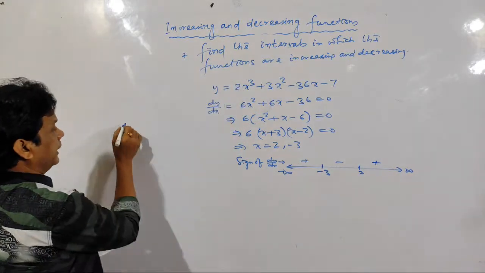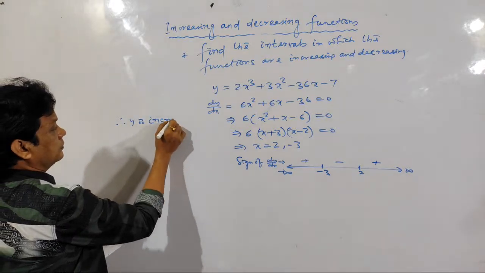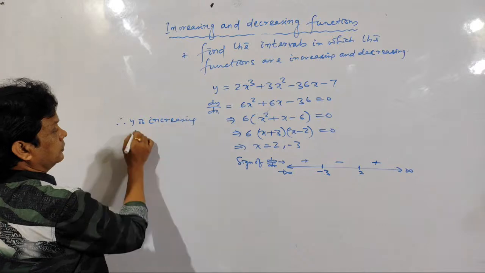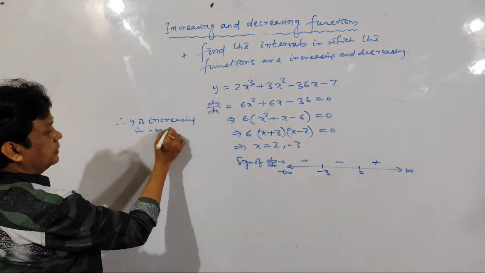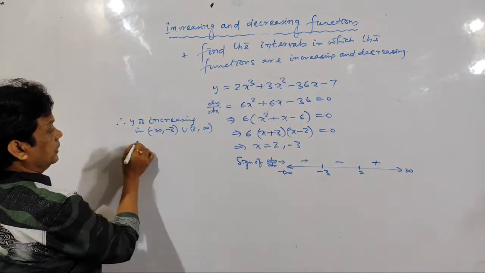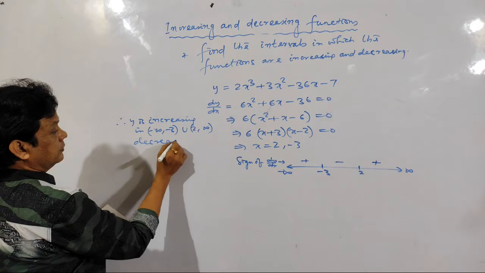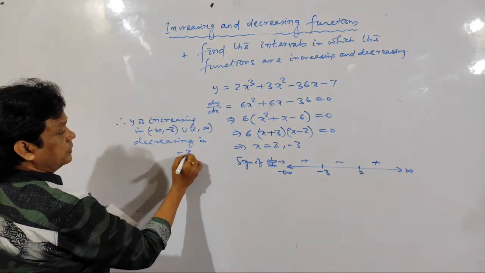So now you can write, therefore y is increasing in these two intervals, minus infinity to minus 3 union 2 to infinity, and decreasing in minus 3 to 2.